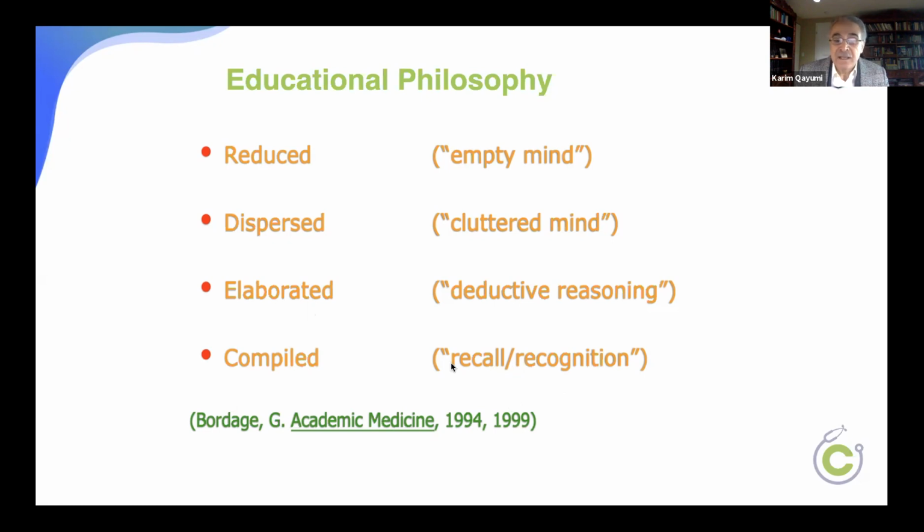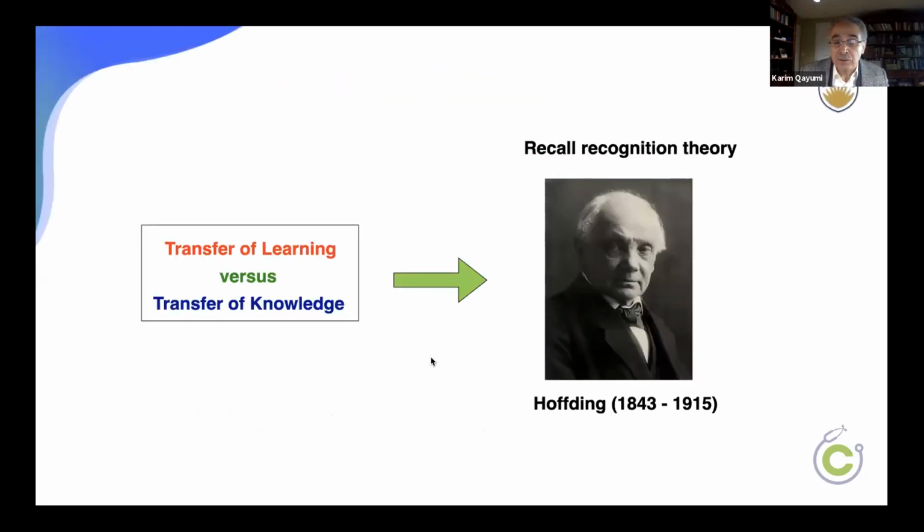What it means is that if within these 3 to 5 years of his practice, you have repeatedly seen and treated similar patients and repeatedly encountered similar pathology, you will remember most of those pictures. And when a new patient comes, he will recognize that in his brain. Now this compiled thinking, recall, recognition, memory, was proposed by Hofding.